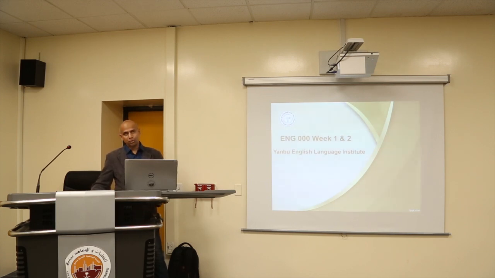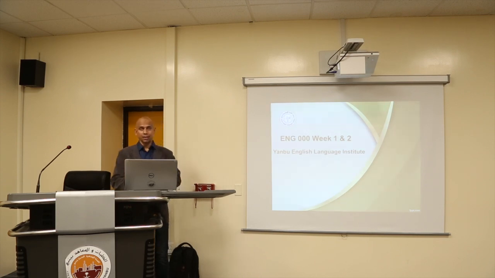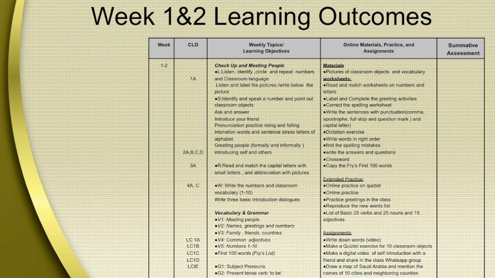In weeks 1 and 2, we have a certain set of learning outcomes for students to master, starting first with listening. We want our students to listen, identify, circle and repeat numbers, not only the numbers as such, but also writing them in words.